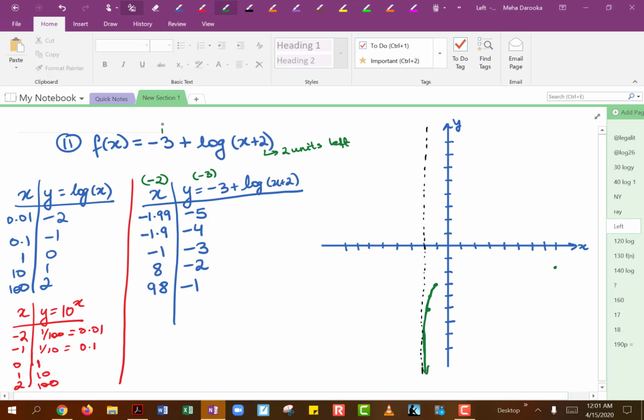Okay, so what we actually need before we can complete this graph is to know where our graph is crossing the y-axis. So you're actually going to put your x value as 0 into this function, negative 3 plus log of x plus 2.